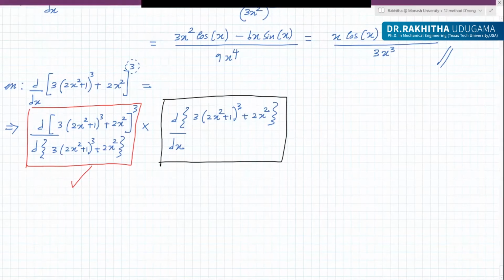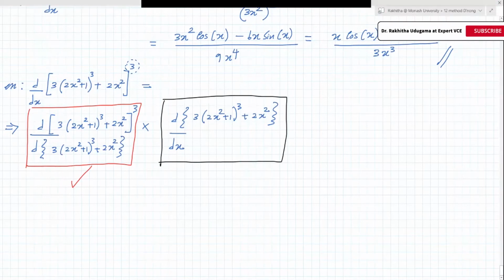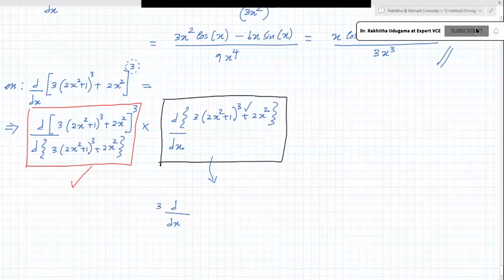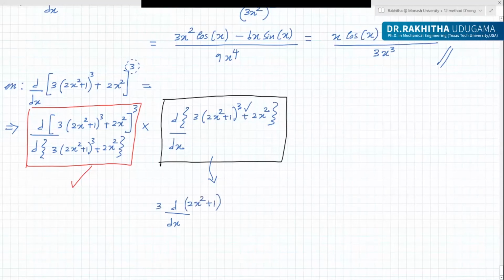Now for that block, I can see this plus sign. Look at my thinking. I can see this plus sign. There is no power here. So I'm going to split it. I will do d/dx. So this 3 I'm going to take out: 2x squared plus 1 to the power 3. I'm going to split it. Plus, I'm going to take 2 out: 2 d/dx of x squared.